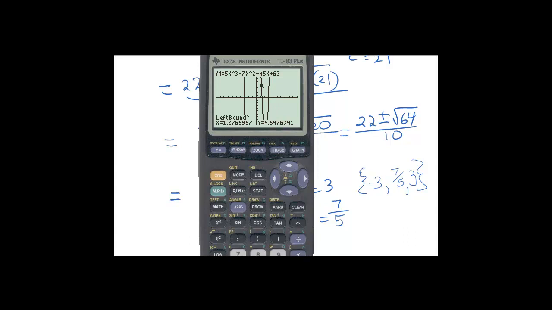I'm going to click enter on the calculator. That's a left bound. Now I want the cursor to move to the right of that 0. Okay, clearly to the right. Click enter, and then click enter one more time when it says guess. And that gives you 1.4, which is a 0, which is the same as 7/5.